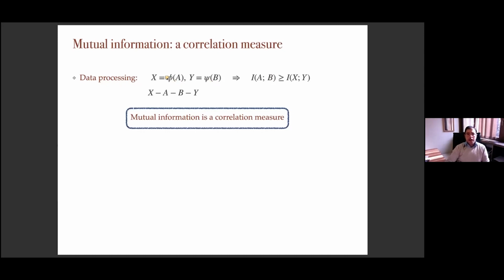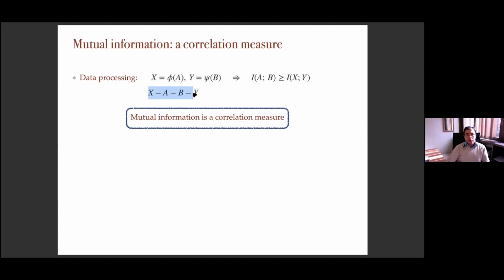So I'm assuming that Alice and Bob locally manipulate what they have, applying local functions on their sources. Then we have this data processing inequality: the mutual information between A and B is an upper bound on the mutual information between X and Y. So by local processing of the data that Alice and Bob have, they cannot increase their mutual information.